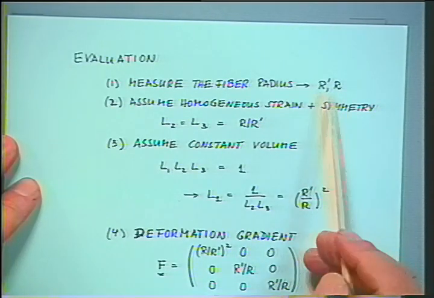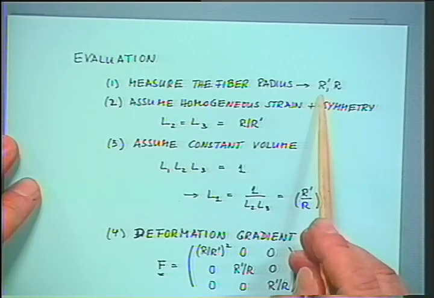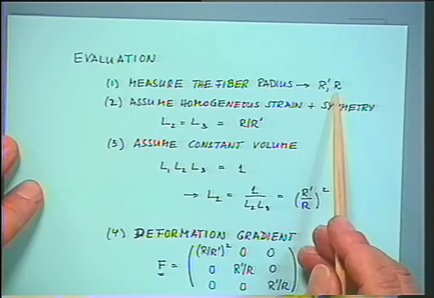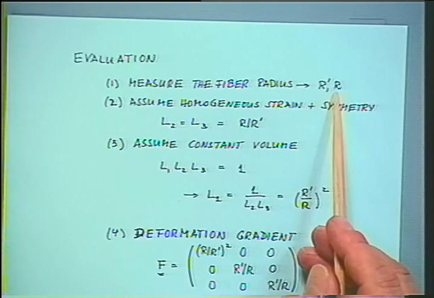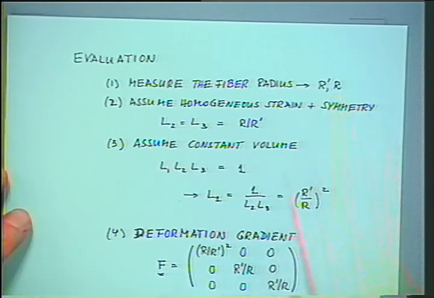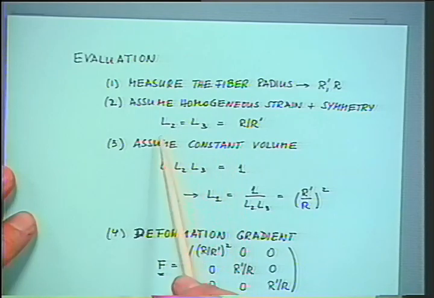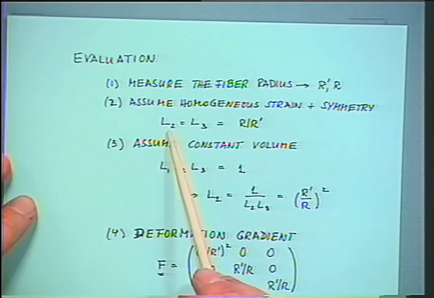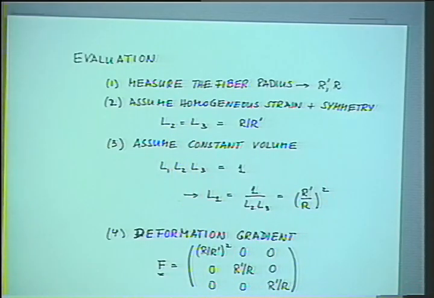We measure the radius of the fiber at the position where it's at R prime, and at the position associated with state T. We calculate the stretching from the decreasing of the radius. That gives us the stretching in the 2 and 3 direction.